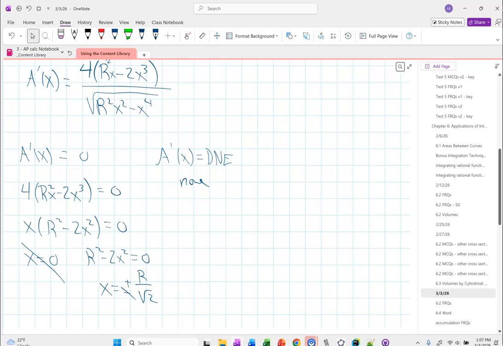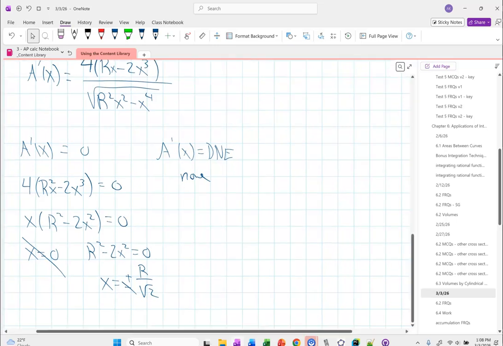And then the top will be positive also, so it's positive. If I pick something bigger than this, let's think here, it's going to be negative. So this is a maximum.